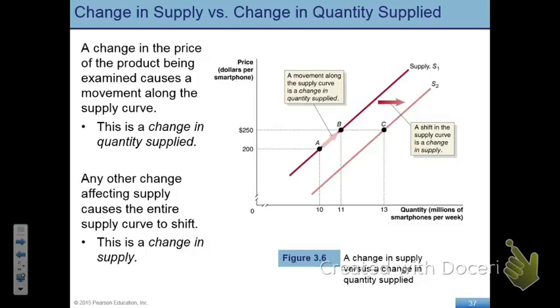So any kind of change that is caused by a movement along the curve is called change in quantity supplied or quantity demanded. And anytime a change is caused by a shift of the supply curve or the demand curve, it is called a change in demand or a change in supply. These are identical concepts on the two sides of the market. Any question?